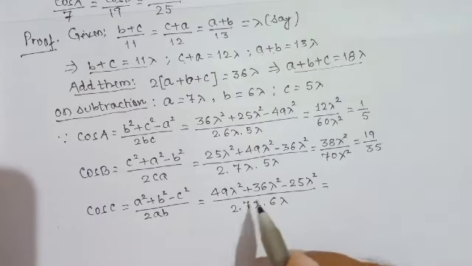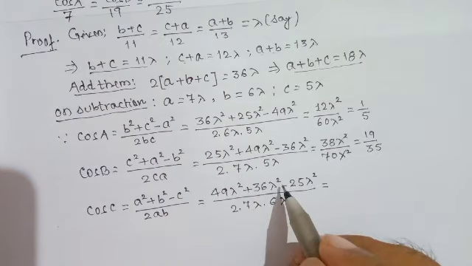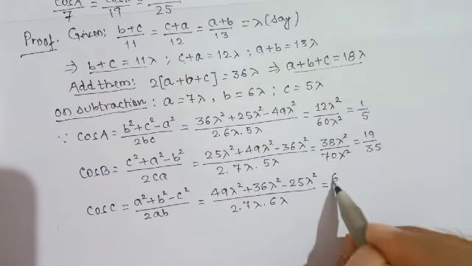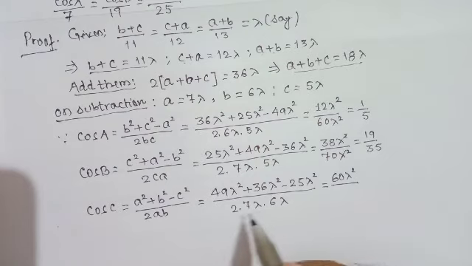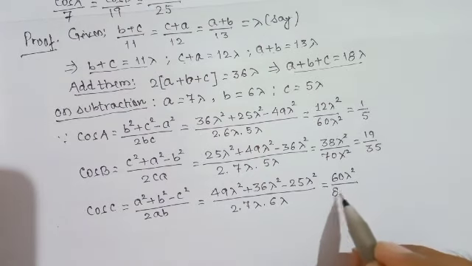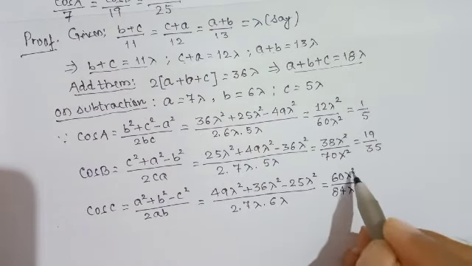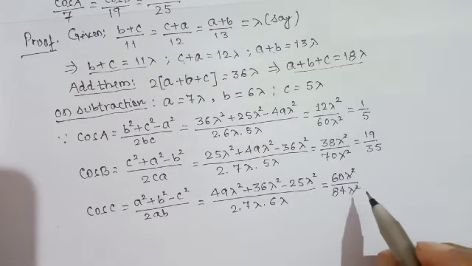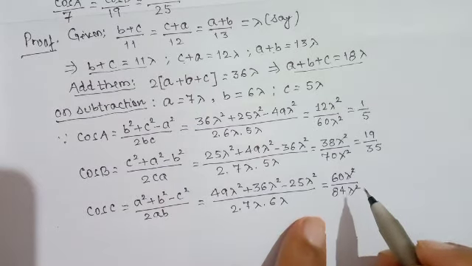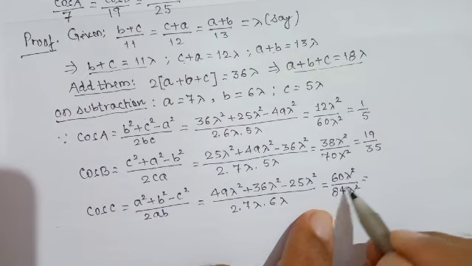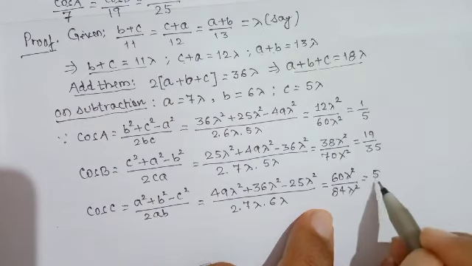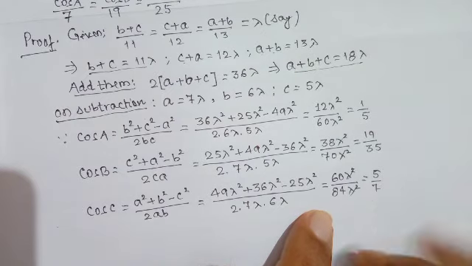So it becomes 60 lambda square upon 84 lambda square. Again lambda square should be cancelled. Cancel it by 12 directly. So after cancellation by 12 it becomes 5 upon 7.